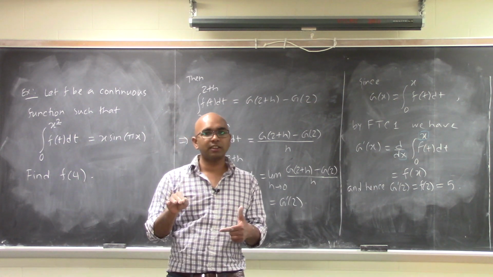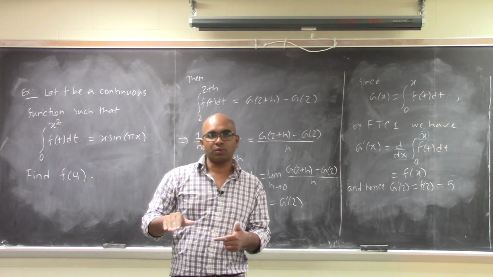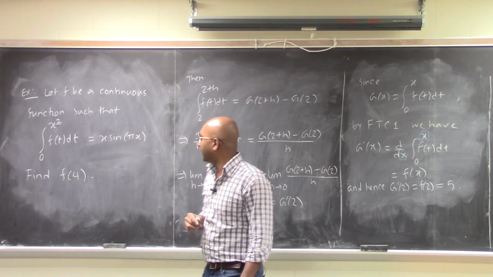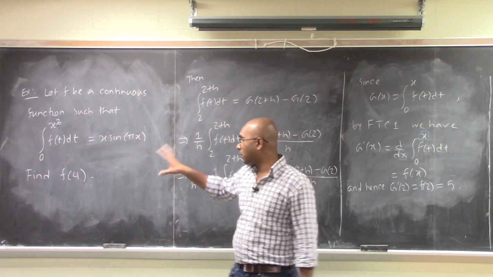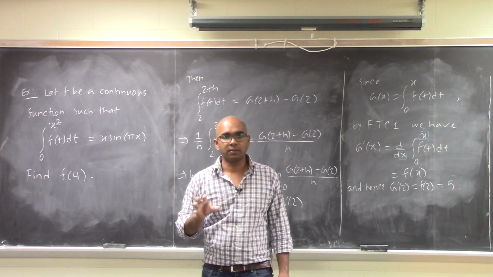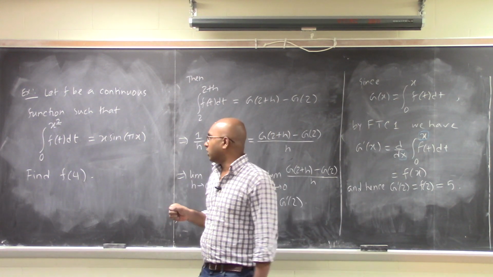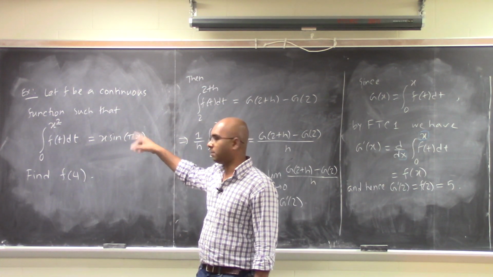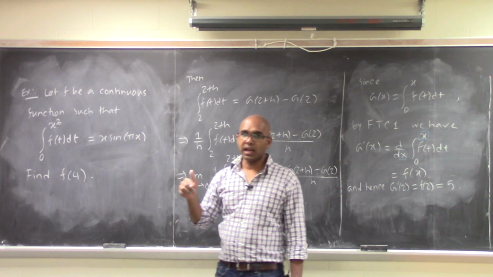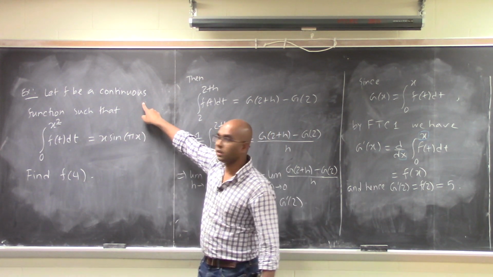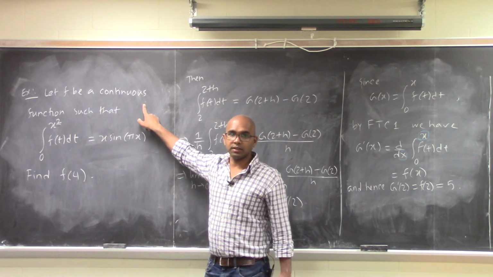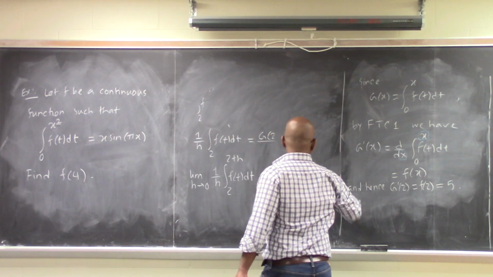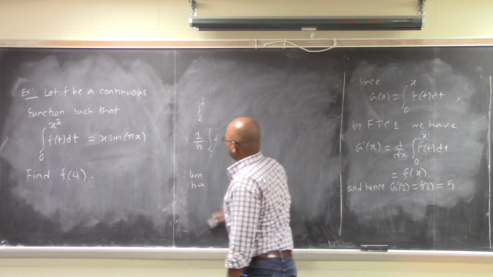If you want to kill integration, what's your tool? Derivative. Okay? This problem shows how powerful the fundamental theorem of calculus is. You need to unwind that integration by differentiation, and you can do that because this function is continuous and because we have the fundamental theorem of calculus. So that's the thing. Okay, so solution.